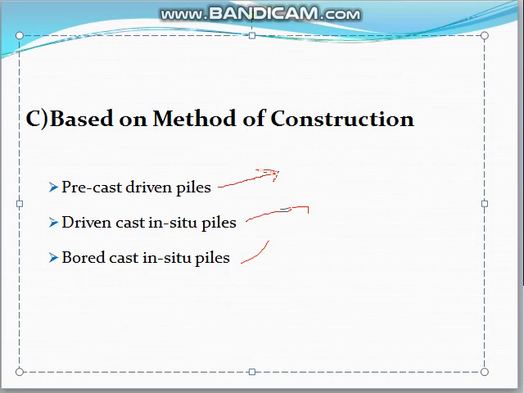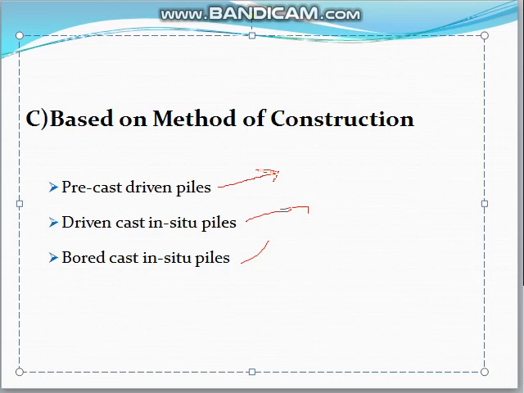The main advantage of bored piles is no damage due to handling and driving, which is common in driven piles. The different types of bored piles are small diameter piles up to 600 mm diameter, large diameter piles greater than 600 mm, and under-reamed piles, generally 300 to 450 mm diameter.